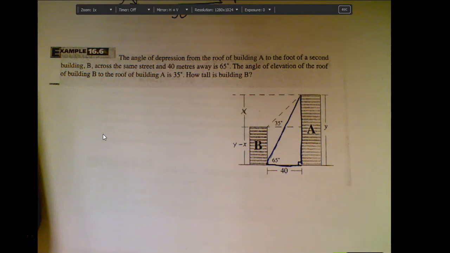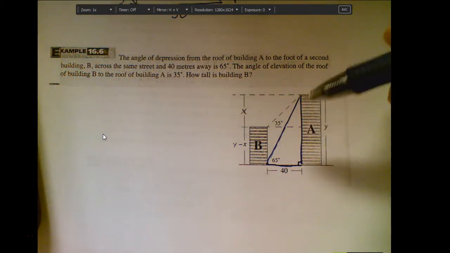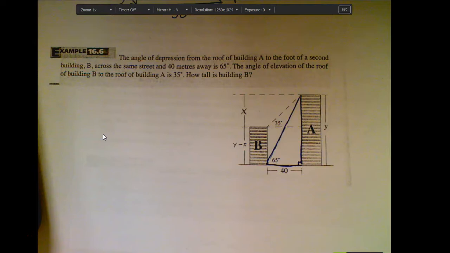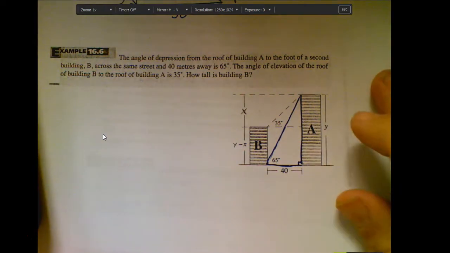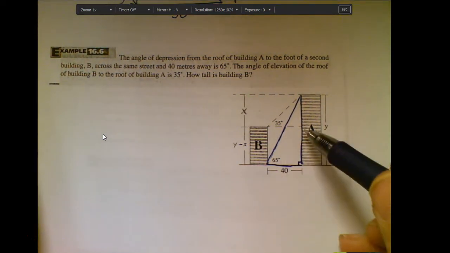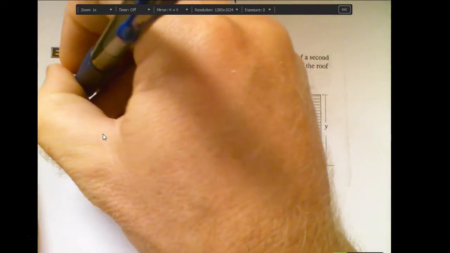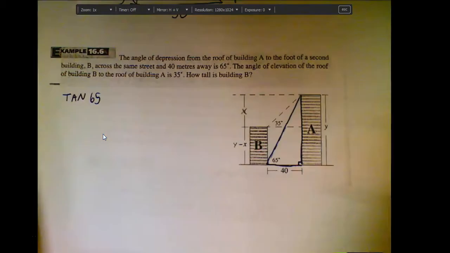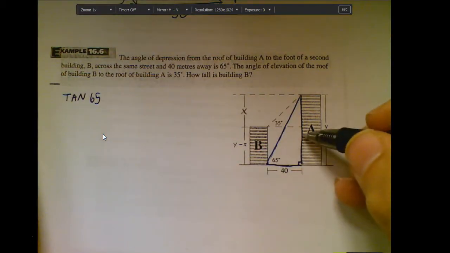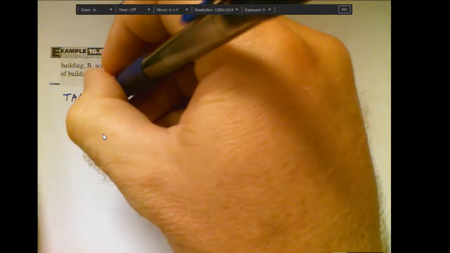If we do a little right triangle trig here, we can get our Y value out of this. Based on that triangle, we can do a little tangent for opposite over adjacent. So let's start there and say tangent of 65 is equal to opposite over adjacent, so Y over 40.